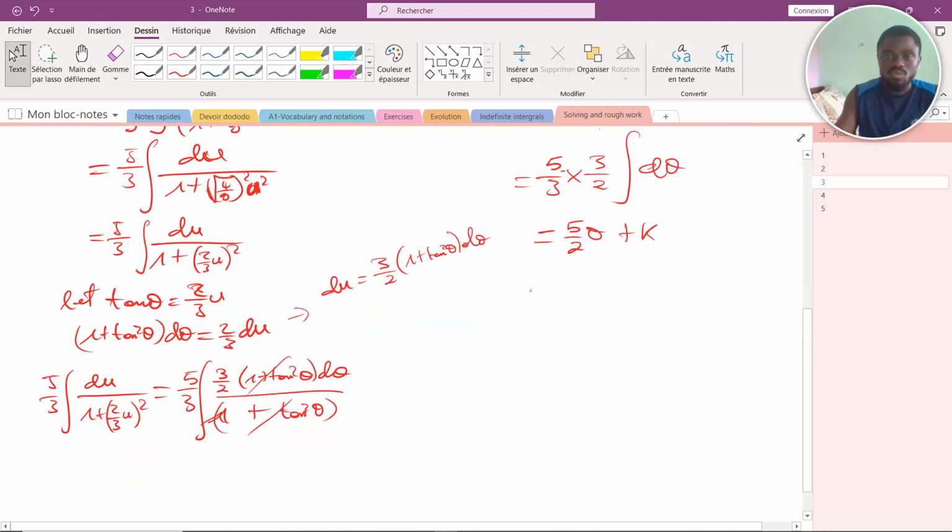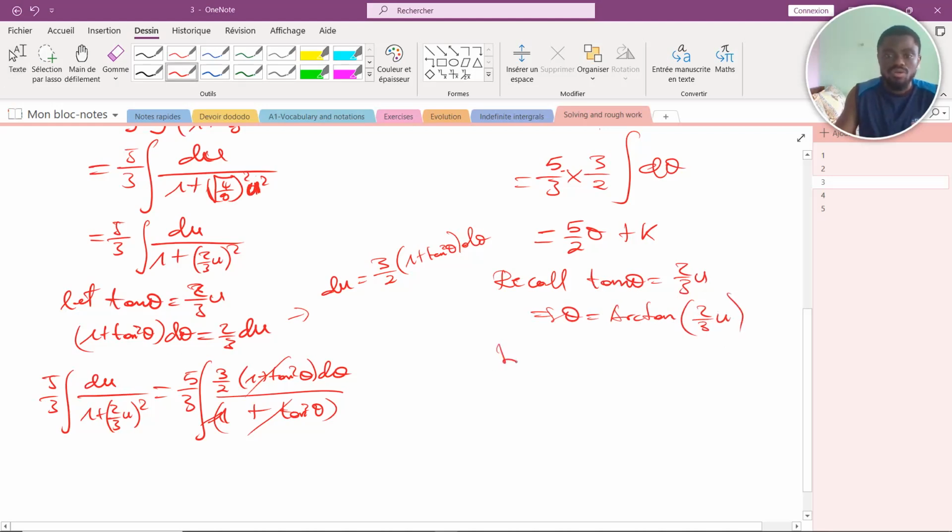Now, what was our theta? Recall that tan theta was equal to 2 on 3u. This implies theta must be equal to arctan of 2 on 3u.